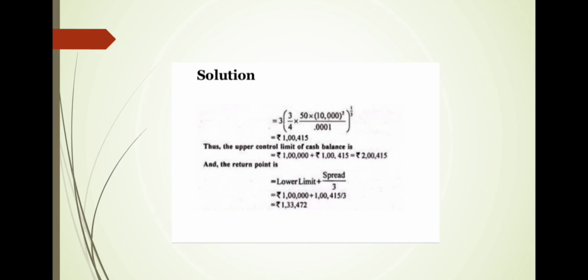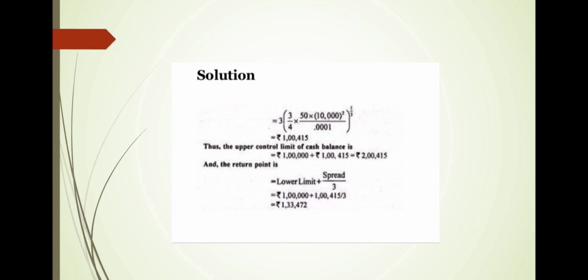Here is the solution. Same, you have to use the formula. You're supposed to put the numbers under the formula and then evaluate them. That is 3 and open the bracket, 3/4 into 50 into 10,000 raised to 2 divided by 0.0001, raised to 1/3, the whole bracket.